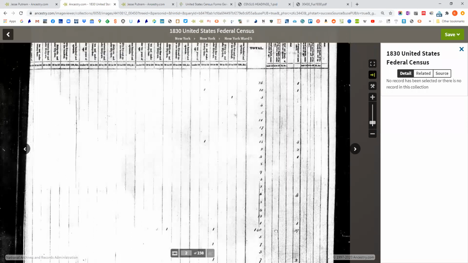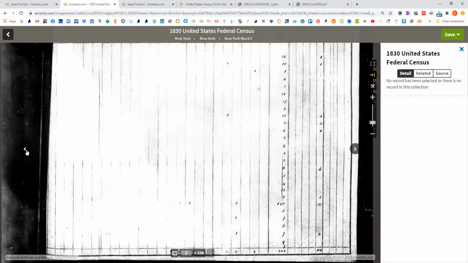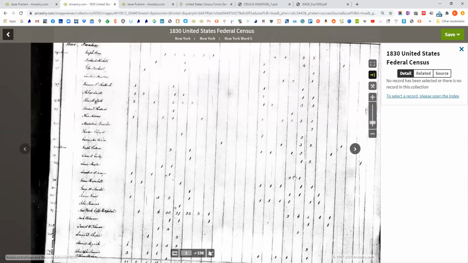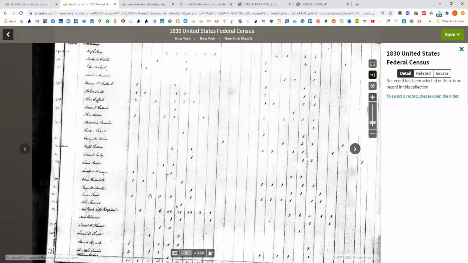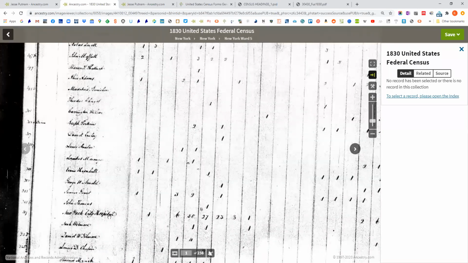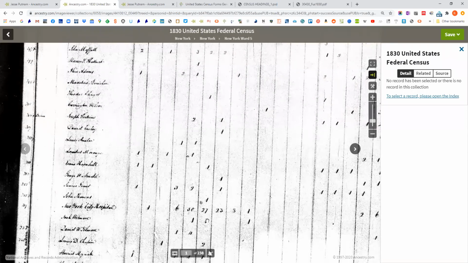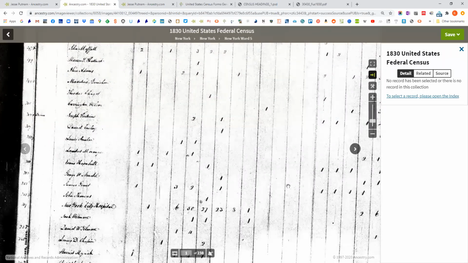I have no idea why there's 141. Let's take a look at what that is. Oh, it's the New York City Hospital. So, you know, that may well be more of what we would think of as either closer to rehab or an insane asylum or something like that.